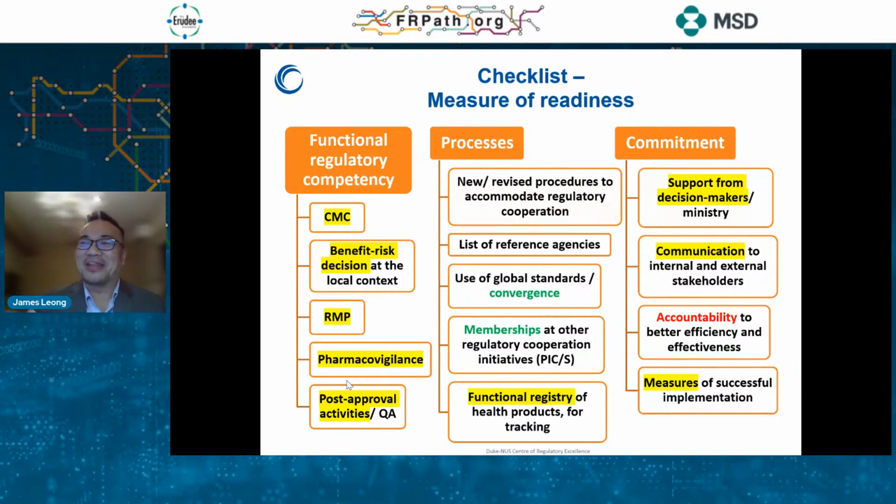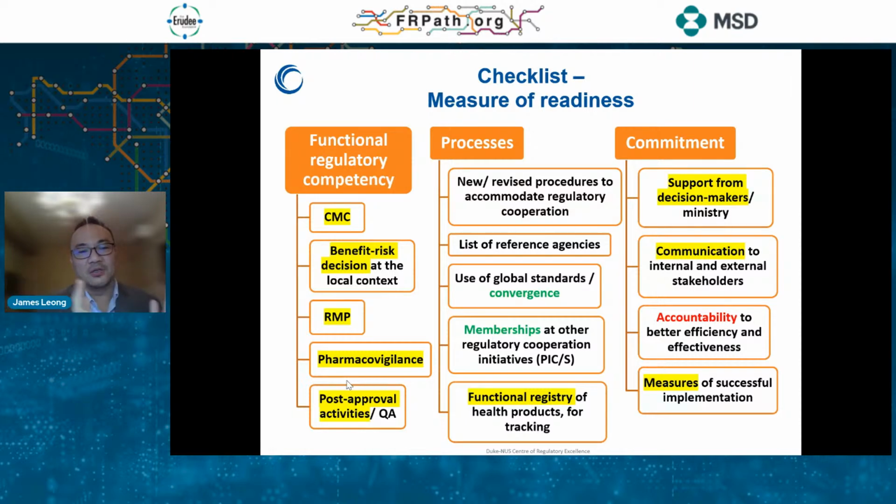On the leftmost side, you will see the functional regulatory competencies required. We look at the functions there: the ability to conduct CMC evaluations, the ability to make benefit-risk decisions for the local population, to conduct a risk management plan and ensure the practical implementation of this RMP, and of course a fully functional pharmacovigilance system, and the capabilities to conduct audits and inspections as part of post-approval activities to survey the quality of healthcare products.